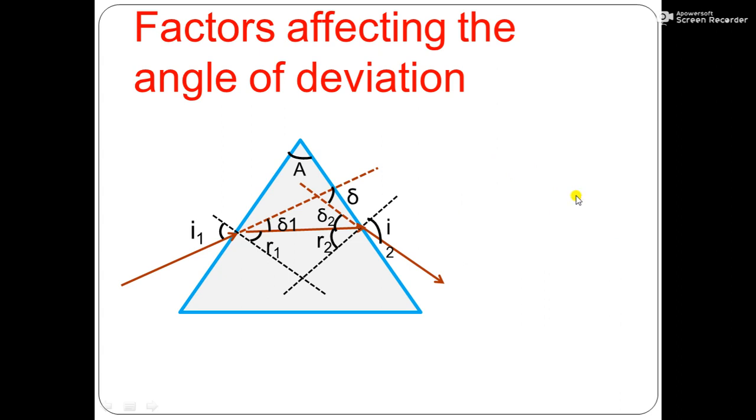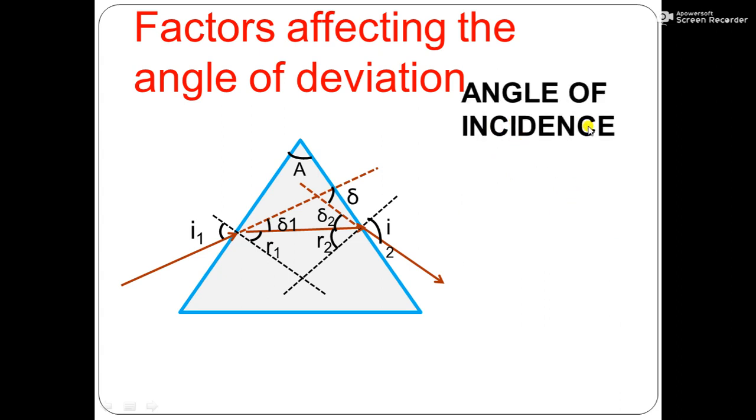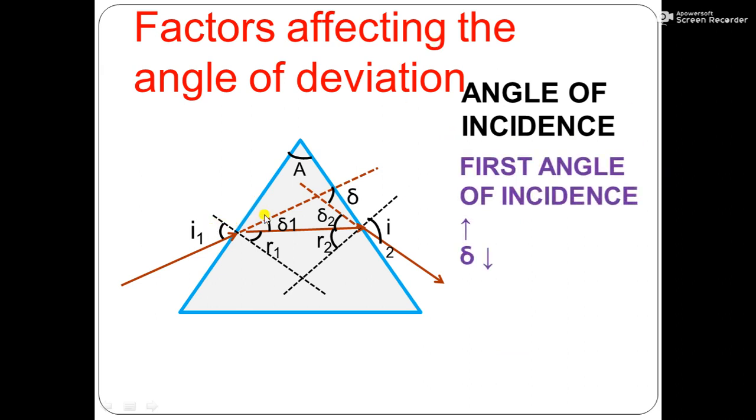And the fourth factor is angle of incidence. There is a different story for angle of incidence. Angle of incidence increasing means angle of deviation decreases.